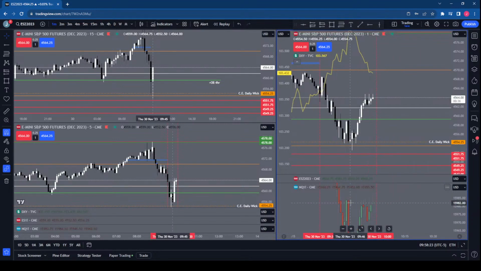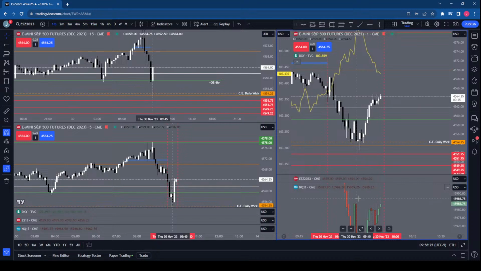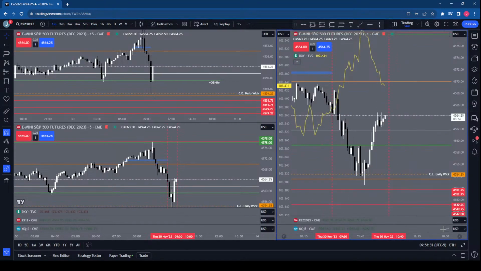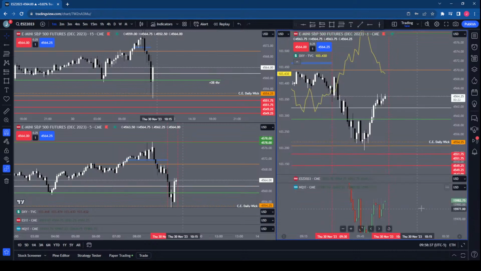NASDAQ seems like it doesn't want to close a body above this swing high it made, so it was the leader to the downside, but good to note. Gonna keep that open.